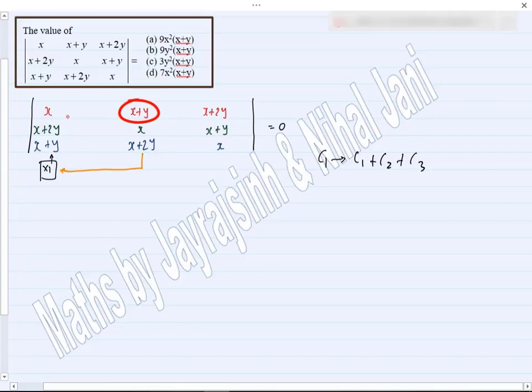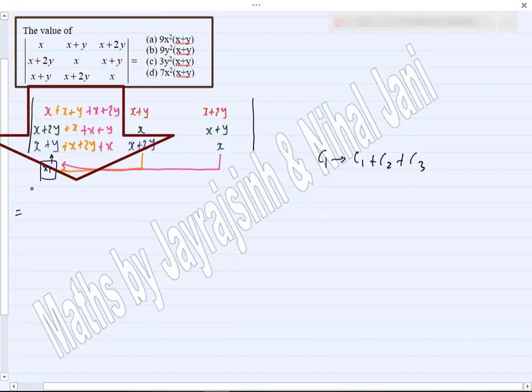So here we'll get x plus y, plus x, and x plus 2y. Then it's time to add the third column. So here we'll get x plus 2y, x plus y and x.